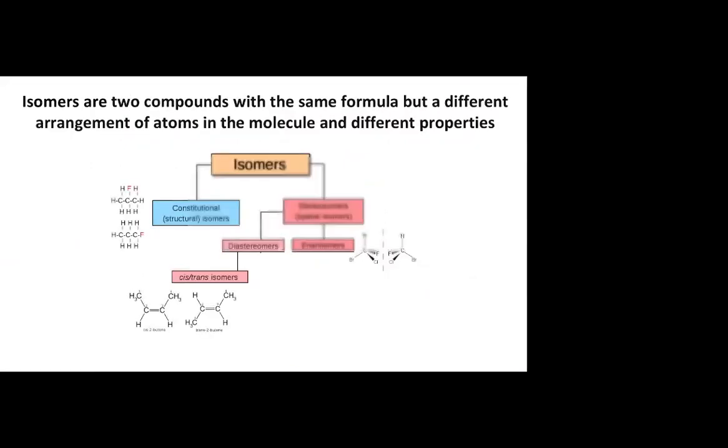Then let's move on to the next subject, which is the concept of isomers. We learned in chapter 11 that we can have a molecule that has the same chemical formula as another one. So if you guys recall, we were looking at the case of C4H10, which means that this molecule is going to have 4 carbons and 10 hydrogens.